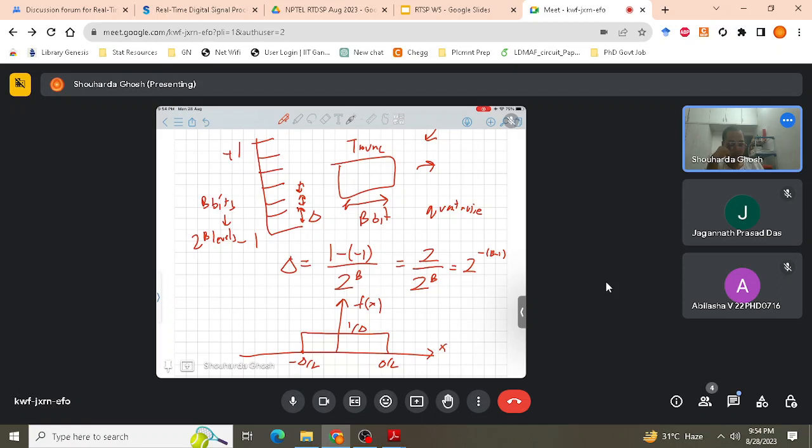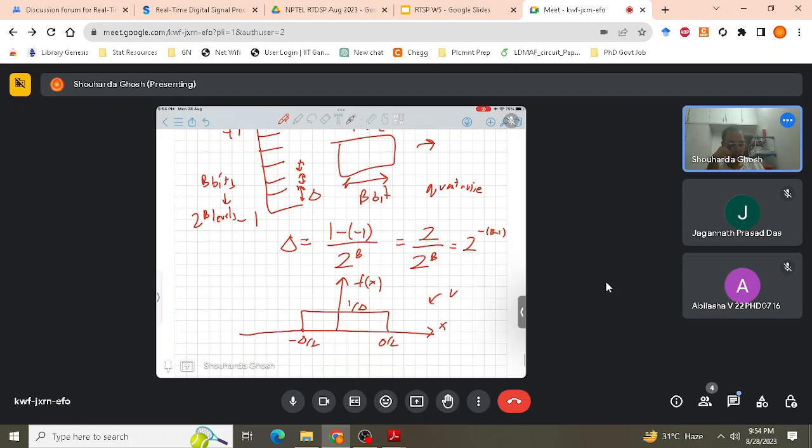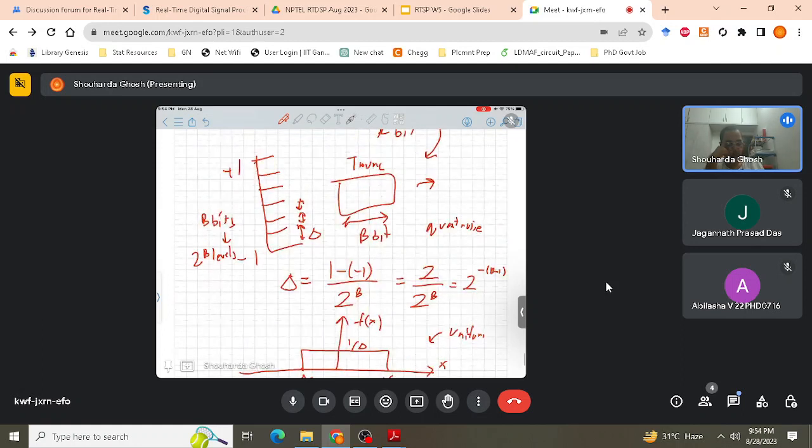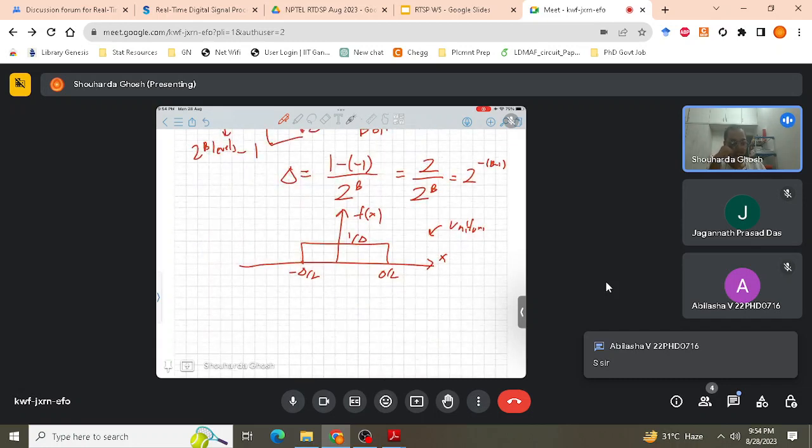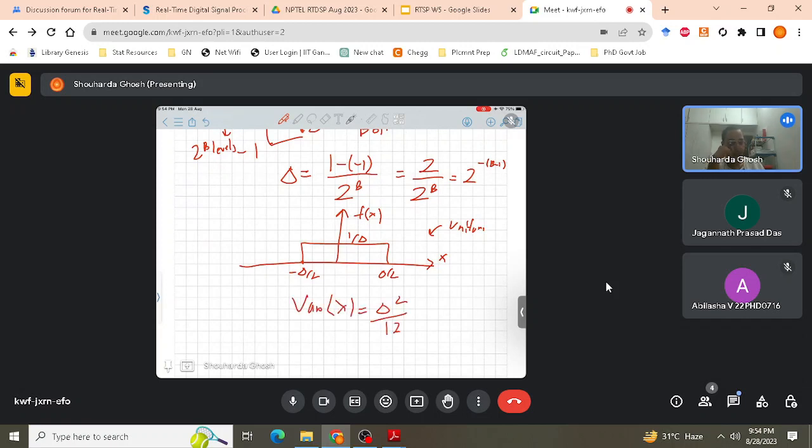Is this clear? Uniform density, we are dividing the range between 1 and -1 by b bits, that's 2 to the power b levels, and then it's a uniform distribution, so minus del by 2 to del by 2. So the variance of this x is del square by 12. I'm not doing the derivation, it's very simple, you can do it on your own: integral from minus del by 2 to del by 2 of 1 by del x square dx, that's it.